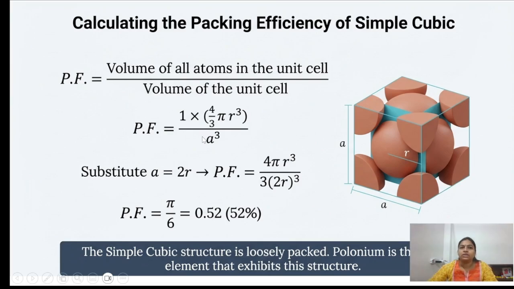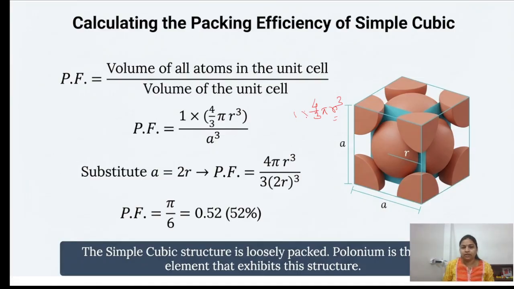We consider each atom as a sphere, and the volume of a sphere is 4 by 3 pi r cube, where r is the radius. In the previous slides we saw that the number of atoms in the unit cell is 1, so the total volume of all atoms in the unit cell is 1 multiplied by this.